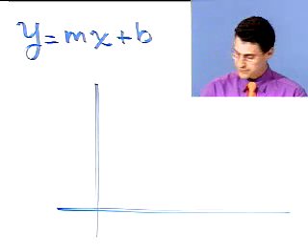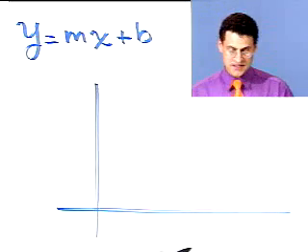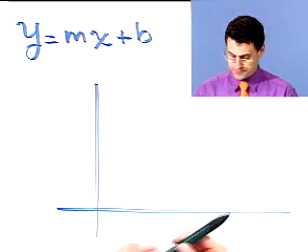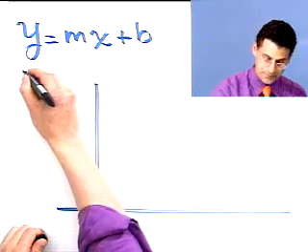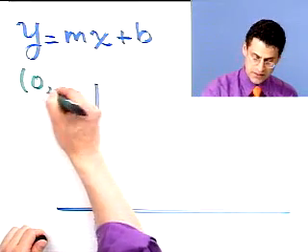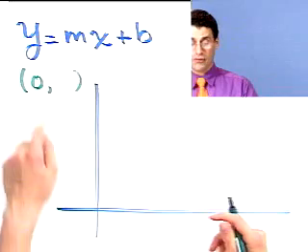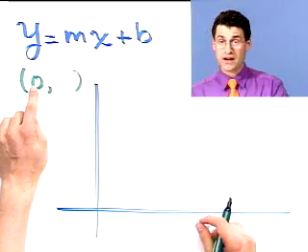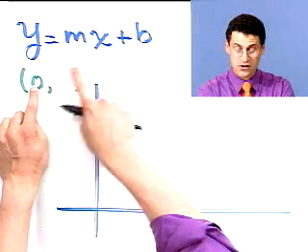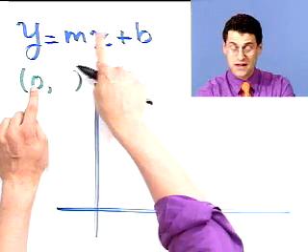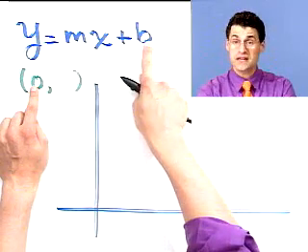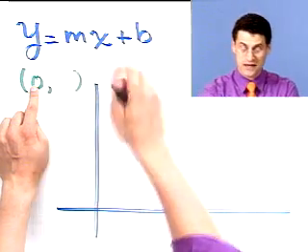So here's an axis. And suppose now that I plot some points. Right? That's what we can do here. Let's plot the point x equals 0, and now let's see what y equals. So if I want to know the value for y when x equals 0, I just plug in 0 for x. And look what happens. This becomes 0, and I'm left with just b. So y equals b in that case.